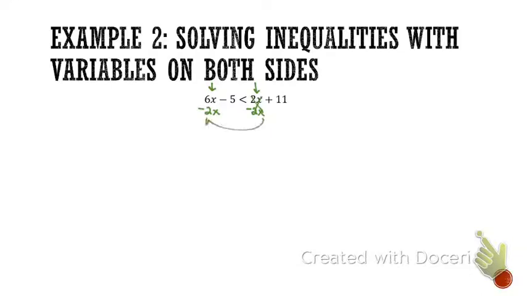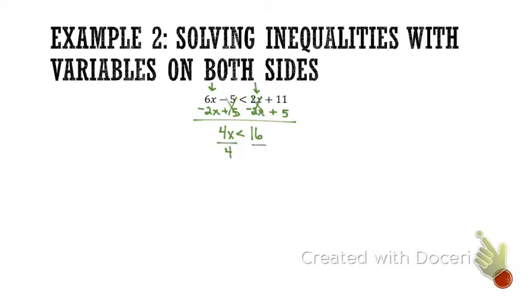So basically I'm moving my variables to the left side of the inequality. Well, if I'm moving my variables to the left, where do my numbers need to go? My numbers need to go to the right. So now I can add 5 to the right side. You can do that in one step. So now I just combine my terms. 6 minus 2 is 4. x is less than 11 plus 5 is 16.